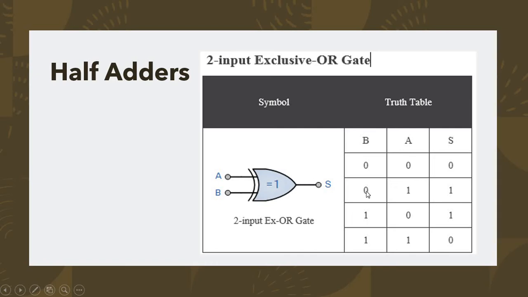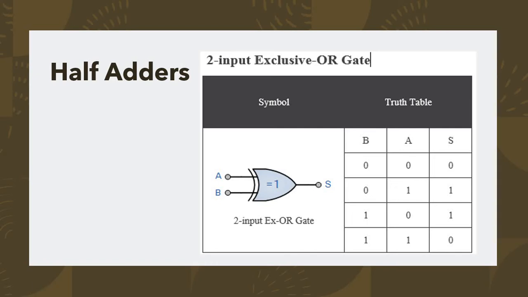If the input is 0 1, the output is 1. Obviously if the inputs are 1 1, the output is 0, because it inverts 1 1 into 0 0, so that will become 0.